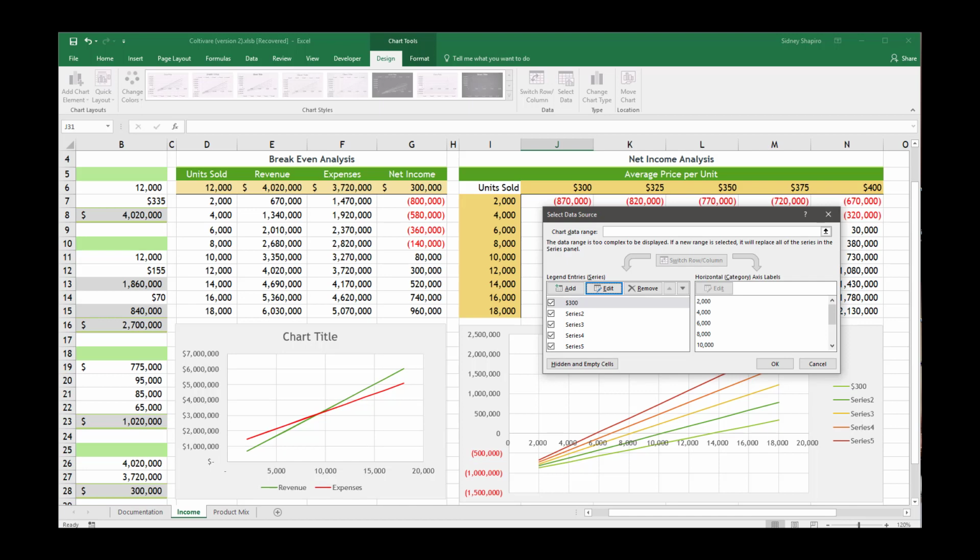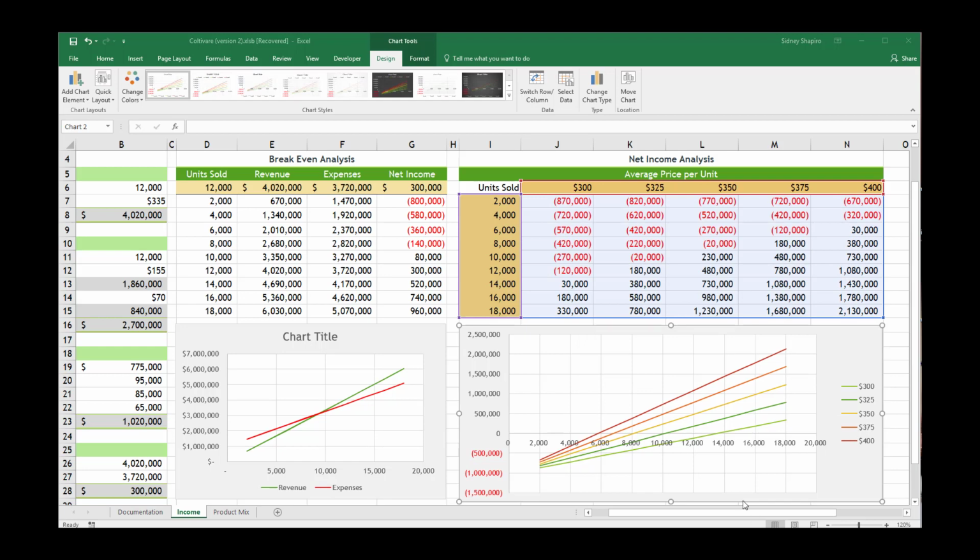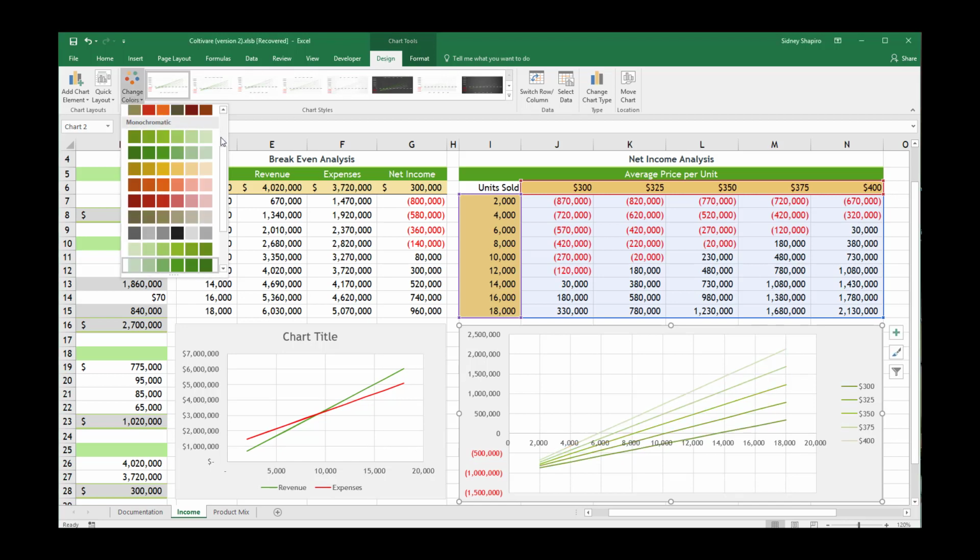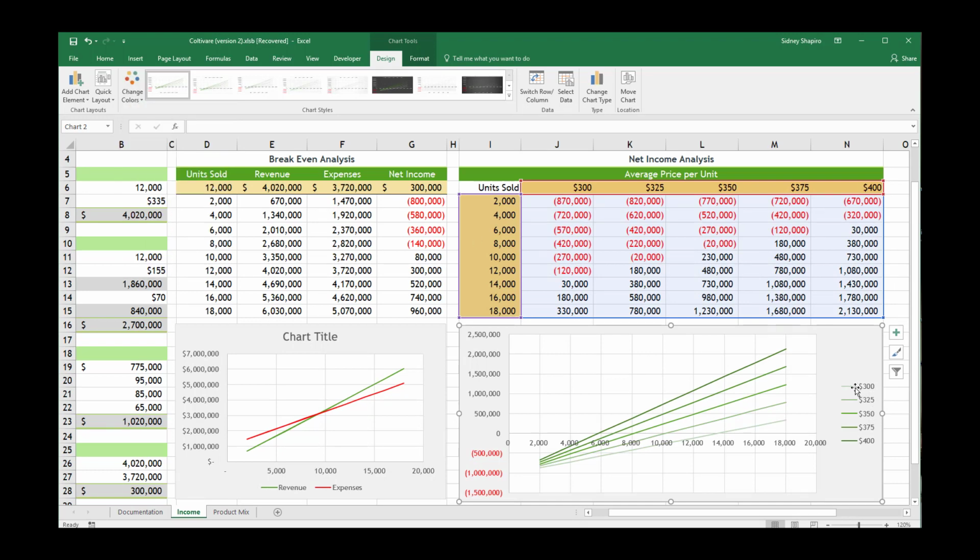Let's repeat that step. And here we go. The names, instead of being Series 1 to 5, are now the prices that we have across here at the top. Then we change the colors by going to Design, Change Colors, and we picked one of the monochromatic ones down from the bottom with different shades of green. Now you'll notice that the heavier the line, the darker the color, the more expensive it is.